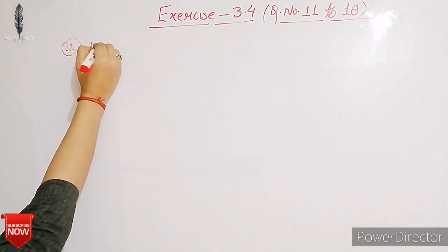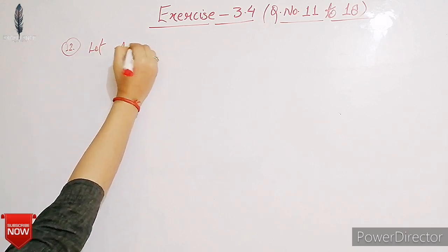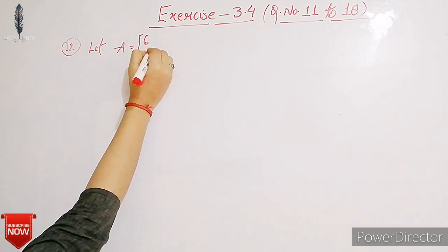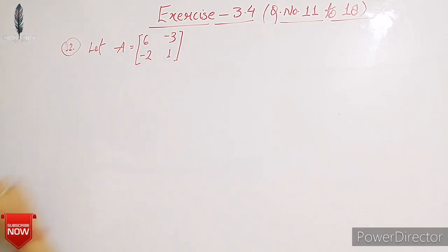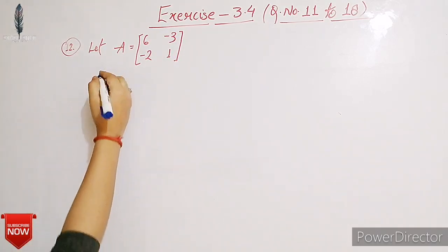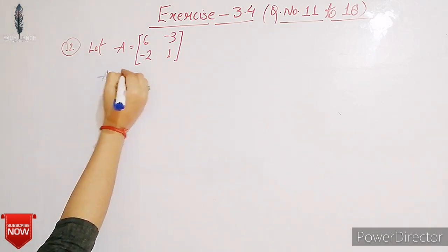Question number 12. Here A equals 6 minus 2 minus 3 1. For elementary row operation, we use A equals IA.